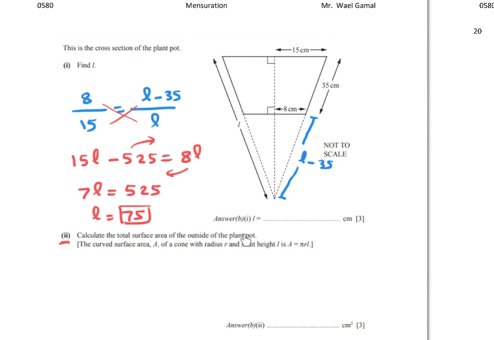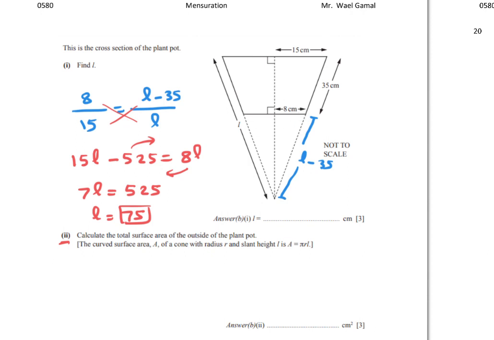Now for part (i), calculate the total surface area of the outside of the plant pot. We cannot find it directly, but we can find the curved surface area of the larger cone minus the curved surface area of the small cone to get the curved surface area of the plant pot.